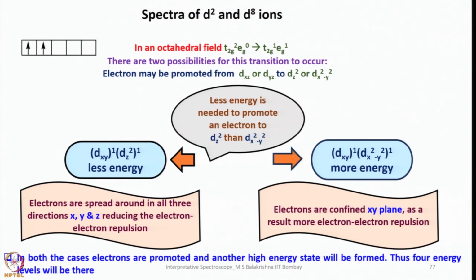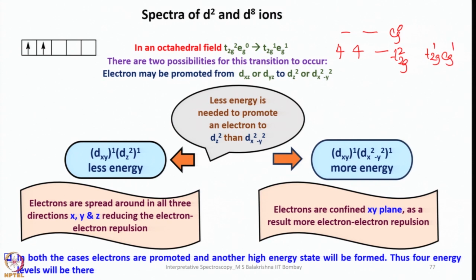In an octahedral field, we have t2g2 eg0 for the d2 system, something like this. When an electron is promoted, this would change to t2g1 eg1. There are two possibilities for this transition to occur.